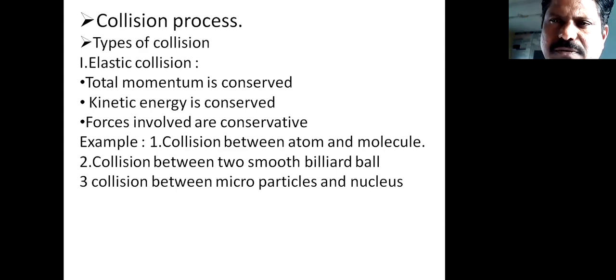Or you simply call it, a collision process is said to be elastic if the total kinetic energy is conserved. If the total kinetic energy is conserved, then your collision process is said to be an elastic collision. Whenever the kinetic energy of the system is conserved, the collision is elastic.